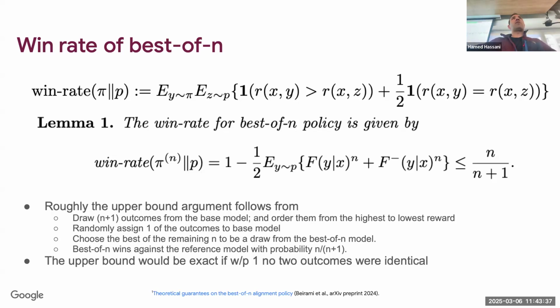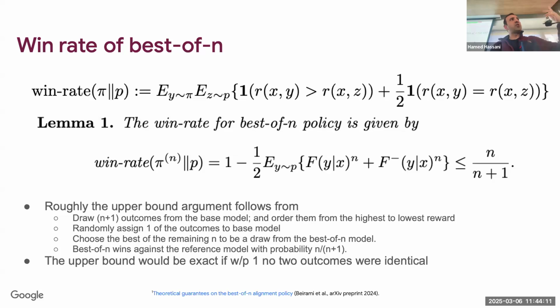Let's say I have a reference model. I'm going to draw n plus 1 samples from the reference model, randomly associate one of them to my base model, and then the other n to the best of n model. And the best of n model is only going to choose basically the best of those, right? Since I have n plus 1 draws, n of them are associated with the best of n model, 1 is associated with the reference model, my best of n model intuitively gets n to 1 chances of winning against the reference model.